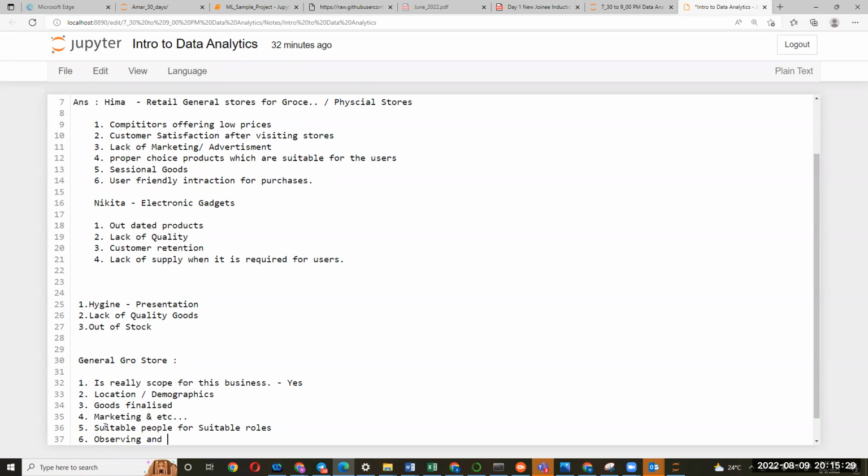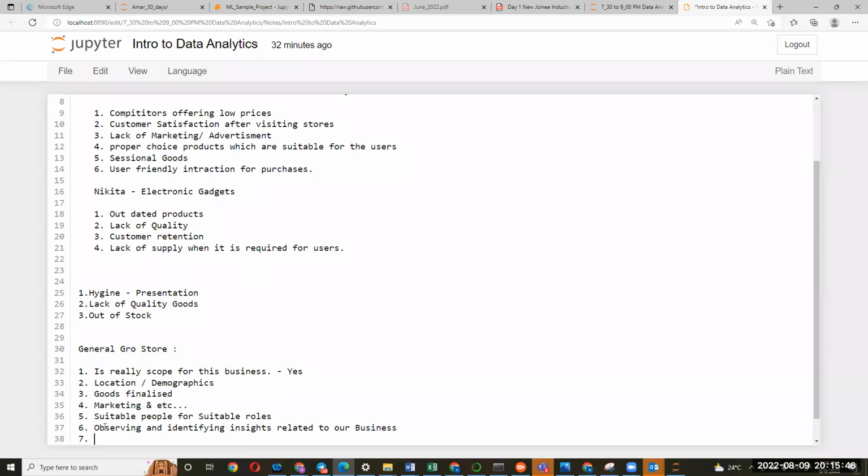Observing and identifying insights related to our business, right? And after that, need to take steps to improve the business.